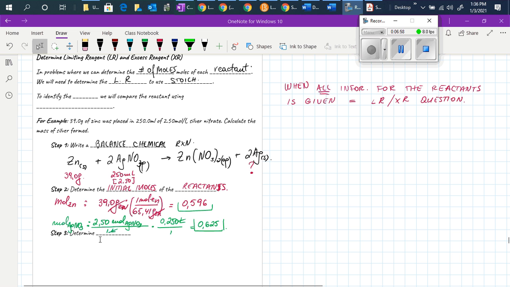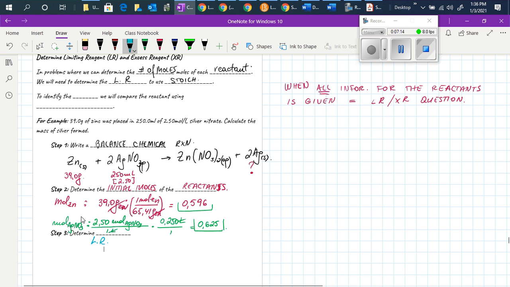So now let's determine the limiting reactant. The way that we do that is by finding the moles that are participating in the reaction.